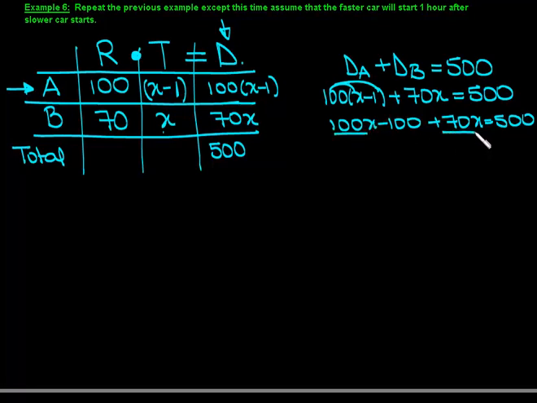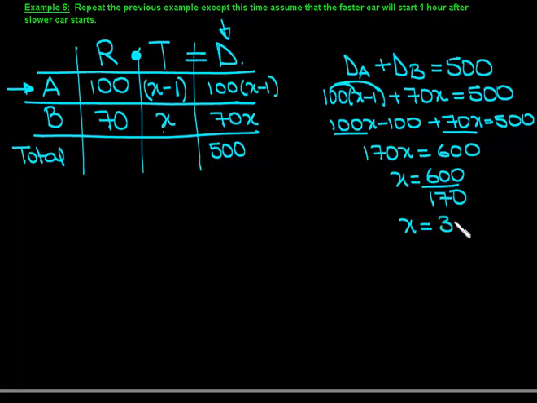I can keep these two on the left, so I get 170x, and then move the 100 to the other side, so we get 600. So we get x is equal to 600 over 170, and I'm going through this a little bit faster than usual, but by now you should know how to solve linear equations. So we get 3.5294 and so on. So we want to round off to 2 decimal places.